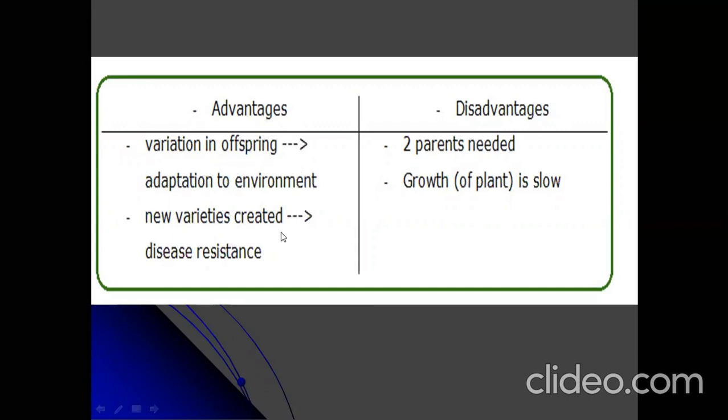A new variety may be created, and that offspring may have resistance to disease. The disadvantage is that two parents are involved. Two parents are needed, meaning another partner should be there, and growth is slow as compared to asexual reproduction in plants.